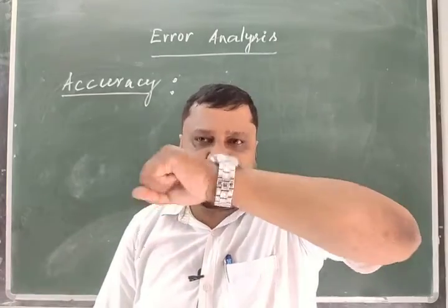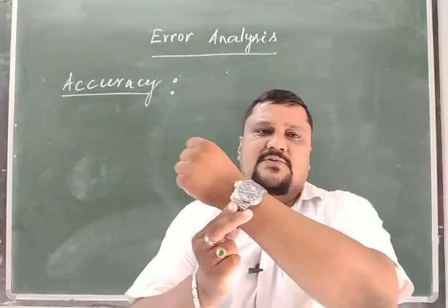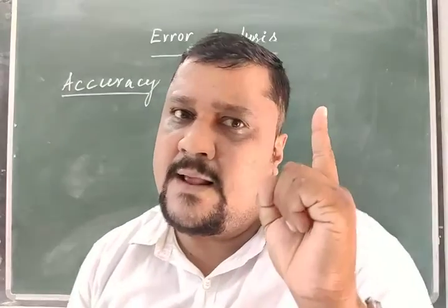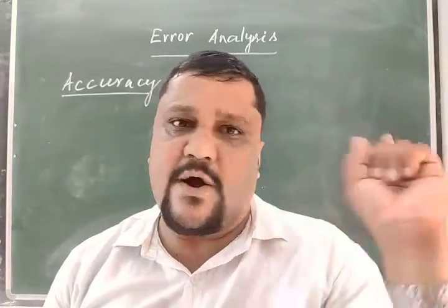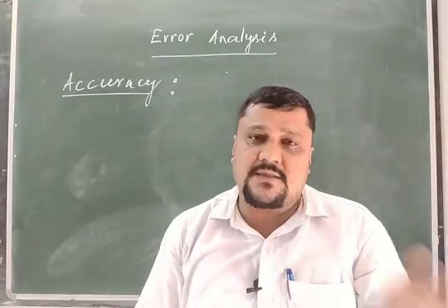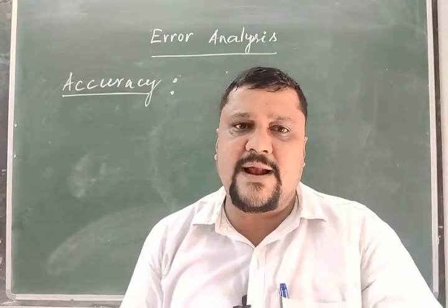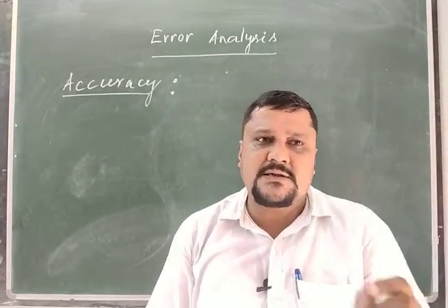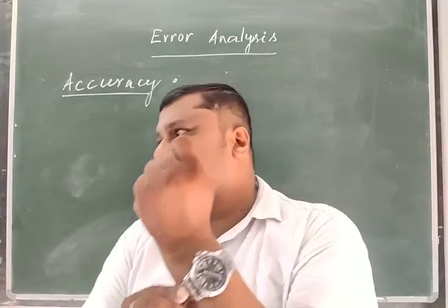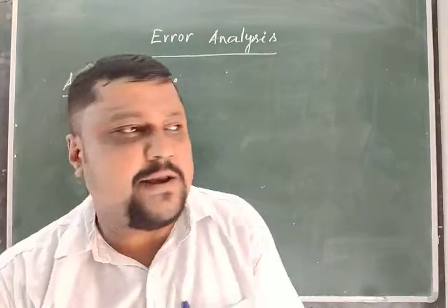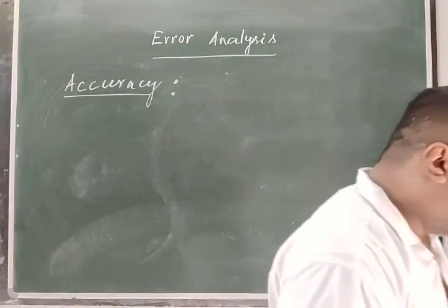What is the smallest measurement I can measure? By this I can measure 1 second. If I say 0.05 second, that is wrong. As a physics student I will not accept that, because by this wristwatch I can only measure 0.1 second.